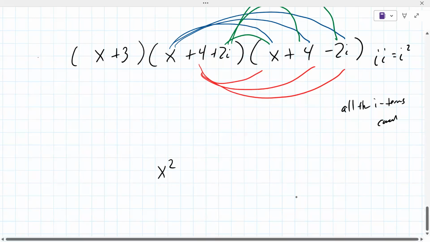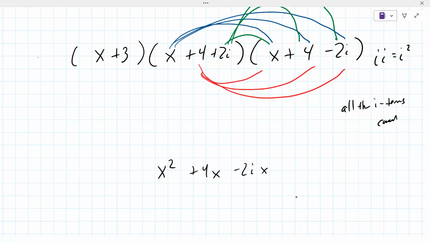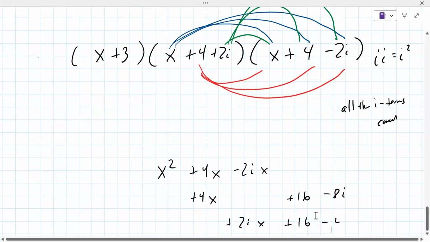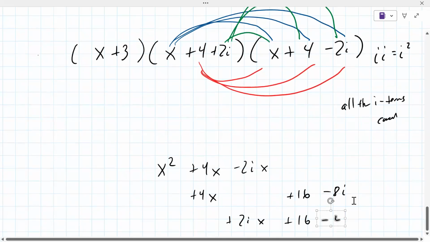So x squared, like you said, plus 4x minus 2ix. Okay, and then it's plus 4x plus 16 minus 8i. And then it's 2ix plus 16 minus 4. Well, sorry, I missed something here.